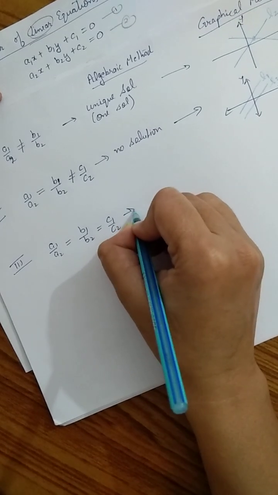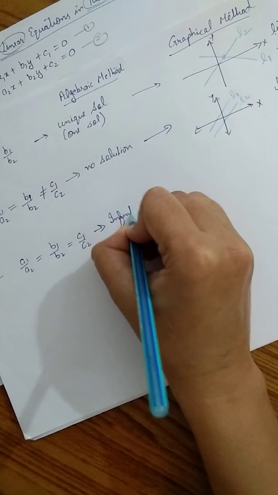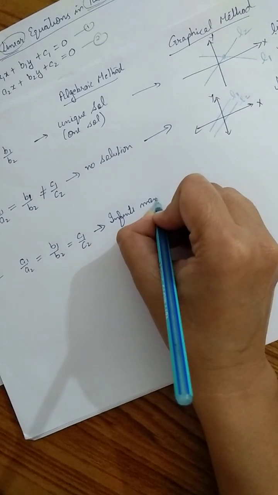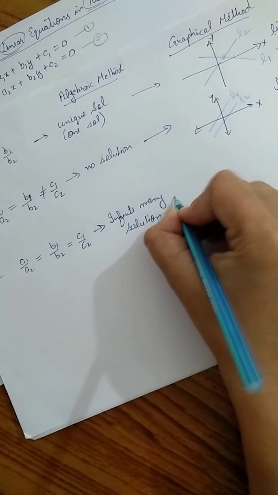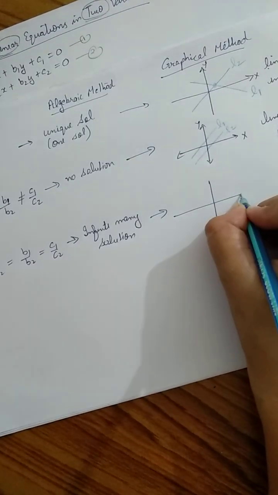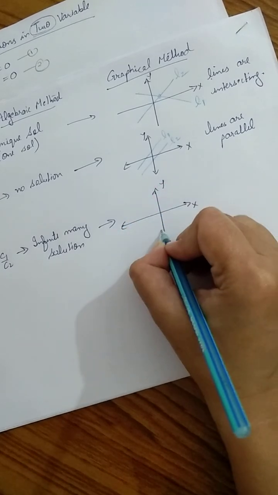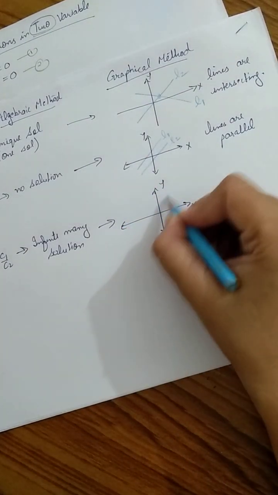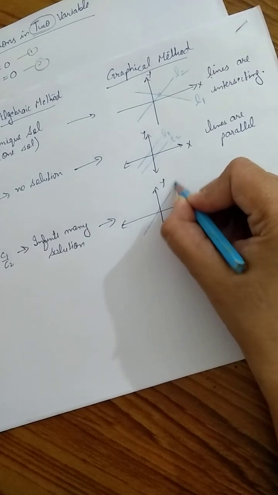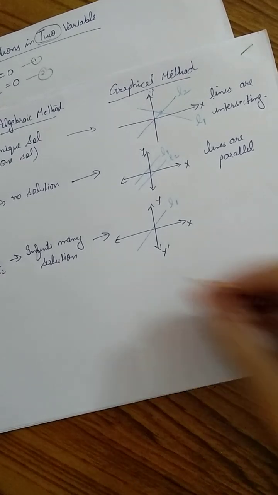Now the last case, the third case: if a1/a2 = b1/b2 = c1/c2, then we can say that there are infinitely many solutions. Graphically, if I have the x-axis and y-axis, one line is L1, and it coincides with the other line, which is again the same.